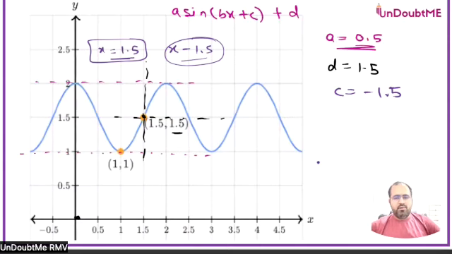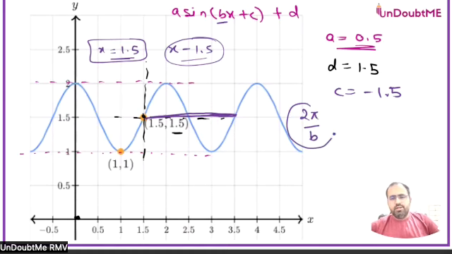And finally comes the value of b. Now b directly represents whether it is a stretched, expanded graph or a compressed graph. For that, we have one formula, 2 pi by b, which gives me the period.